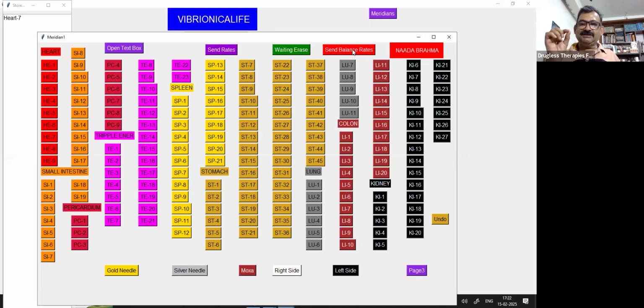Dryness excess, the main symptom is pain in the heart. Pain in the heart can be addressed by H4. See, there is a chart here. I can definitely share it with you. Just after this class, I will share it with you. With this, we will be able to see the sedation of that, how we can tonify that particular meridian, and how we can sedate that meridian on that same point only.